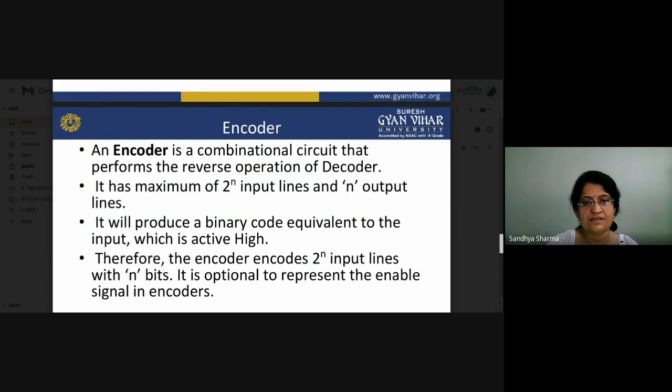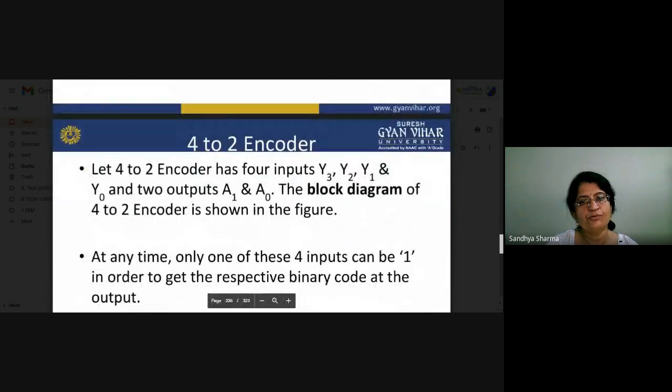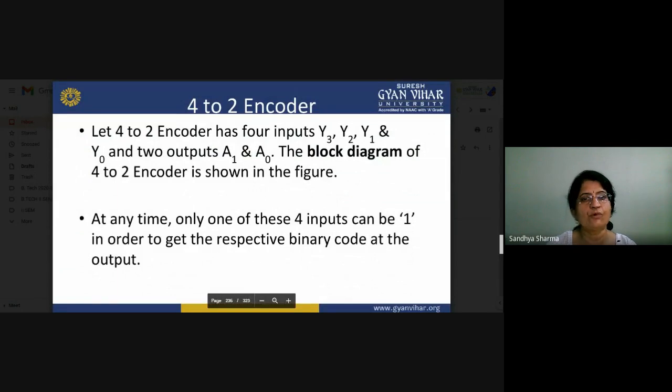You can see here a 4 to 2 encoder, which means you have 4 input signals and 2 outputs. So y0, y1, y2, y3 are the 4 inputs, and a0, a1 are the outputs, as you can see in the block diagram. At any time, only one of these 4 inputs can be 1, and in order to get the respective binary code at the output.